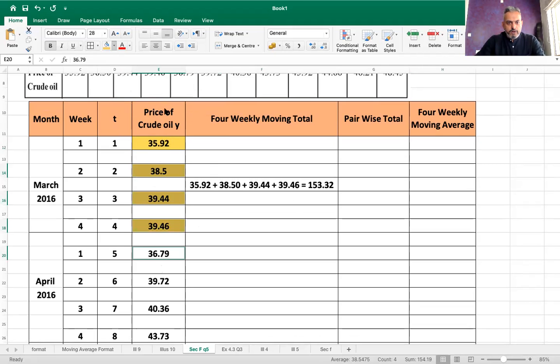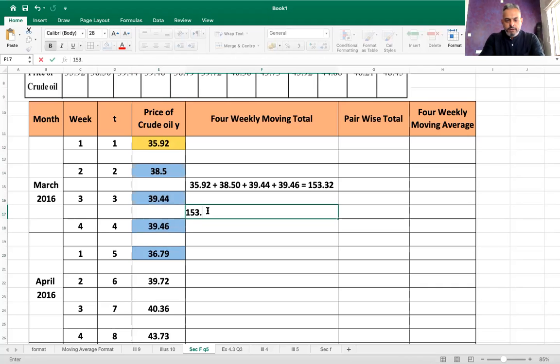Now again in the centermost, so between 3 and 4, 153.32 minus, we remove 35.92 and we add the last one, 36.79. Keep the totals on the calculator only. So minus 35.92 plus 36.79, which is equal to 154.19.